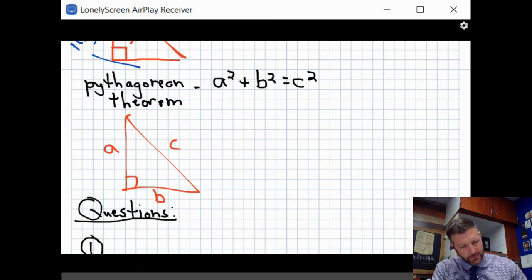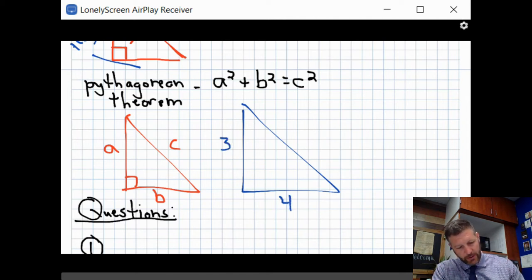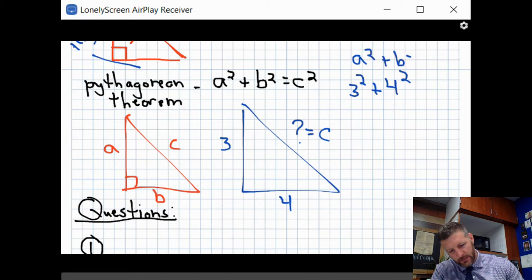So for example, we'll go ahead and do a quick example. I'll draw another right triangle, and let's say that the legs are 3 and 4. How could I find my hypotenuse? How could I find this distance? Well, I just square the two legs: 3 squared plus 4 squared. That's like a squared plus b squared equals c squared.